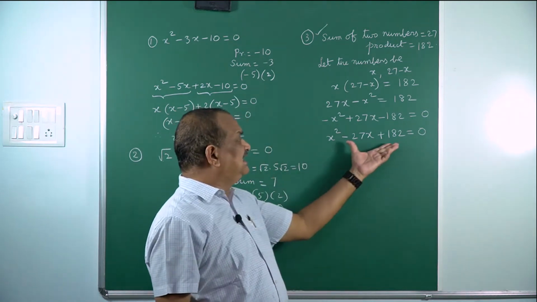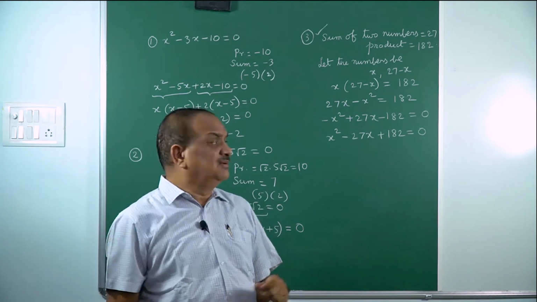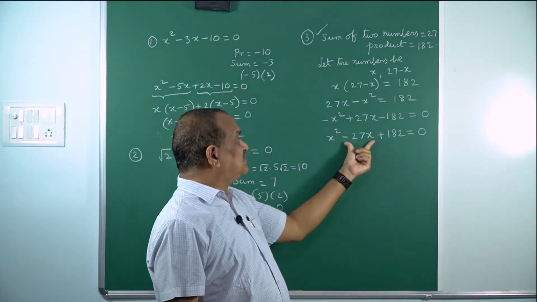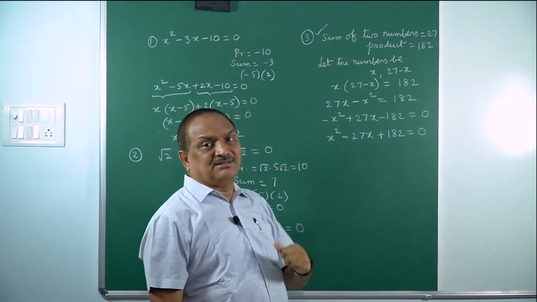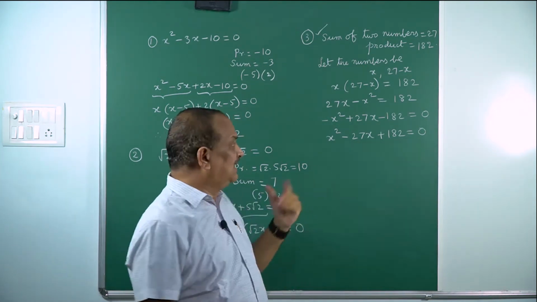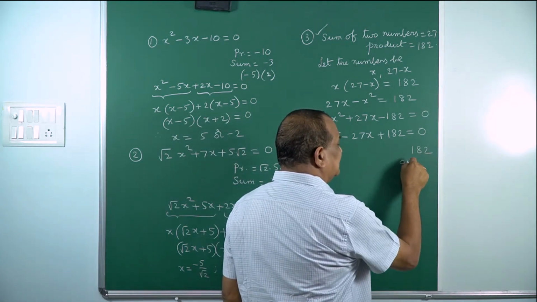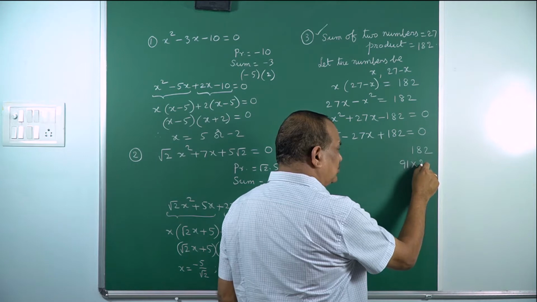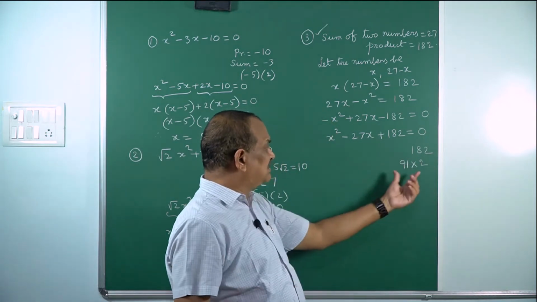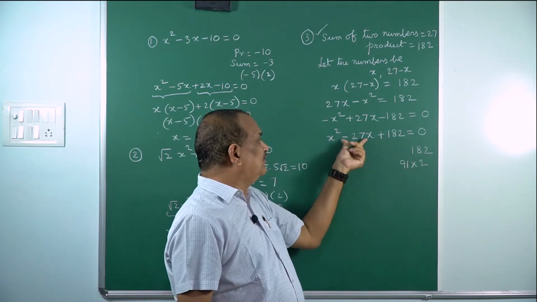If this is the equation which I have to solve by splitting the middle term, I want to break this minus 27 so that the product is 182. So let us now write 182. I can write this as 91 times 2. Doesn't help me because if I add these two or take a difference or anything, it's not going to give me this one.